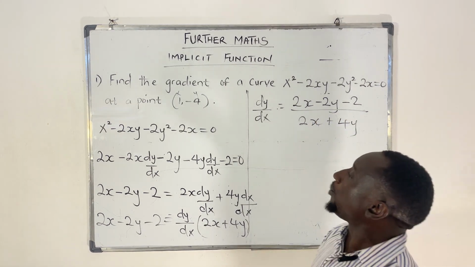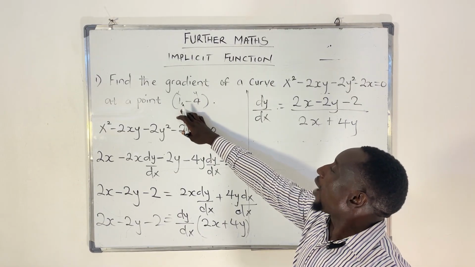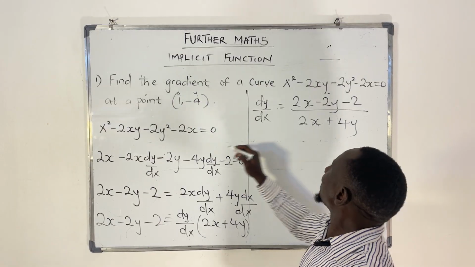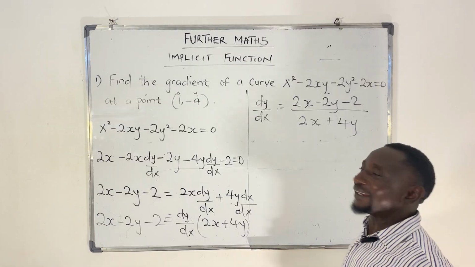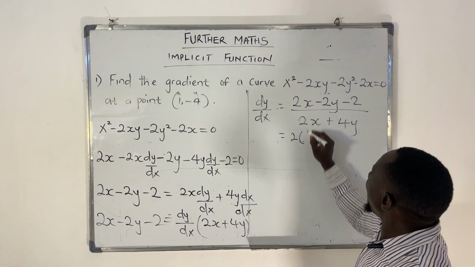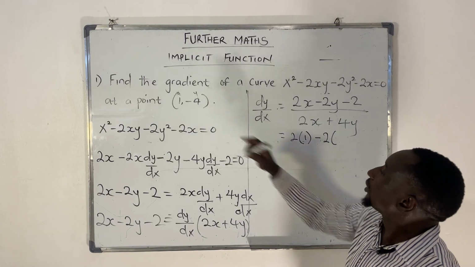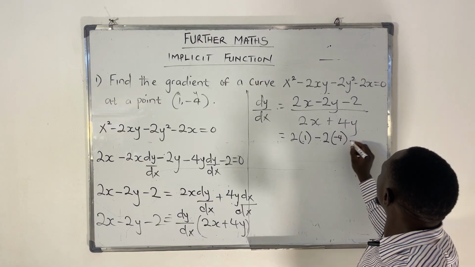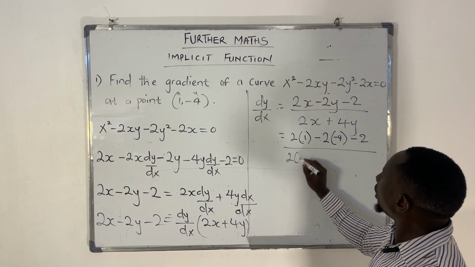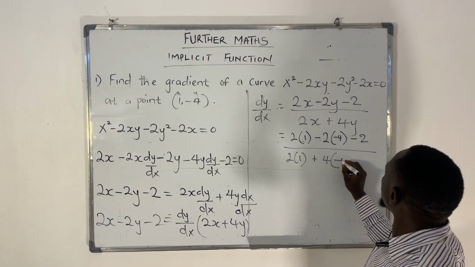But they gave us the point (1, -4). So this is my x, this is my y. Now I will substitute into this and then simplify. I have 2 times my x, which is 1, minus 2 times my y, which is minus 4, then minus 2, over 2 times 1 plus 4 times minus 4.